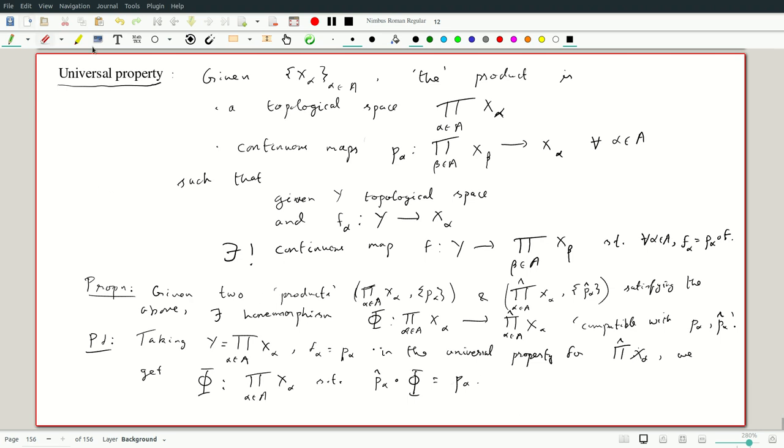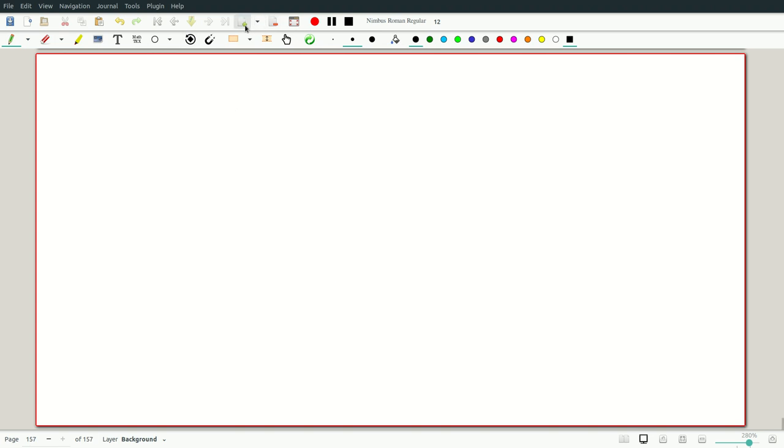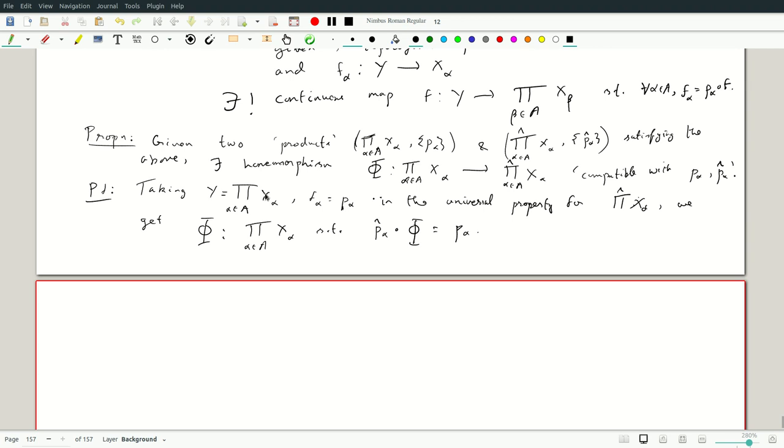But the thing is, this is symmetric, so we can actually reverse the roles. It's maybe worth going through half a page and keeping that here. So now, taking Y this time to be the product hat of X alpha, and f alpha to be P alpha hat.